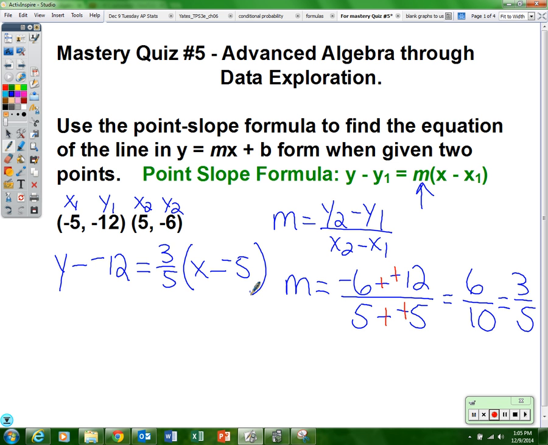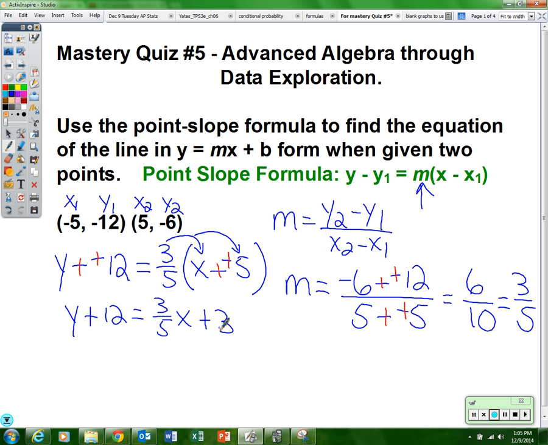Again, you need to change your signs, minus and negative to plus positive. The next thing you need to do is distribute the 3/5 because we want to get rid of the parentheses. So we have y plus 12 equals 3/5 times x is 3/5 x, and 3/5 times 5 is just 3.